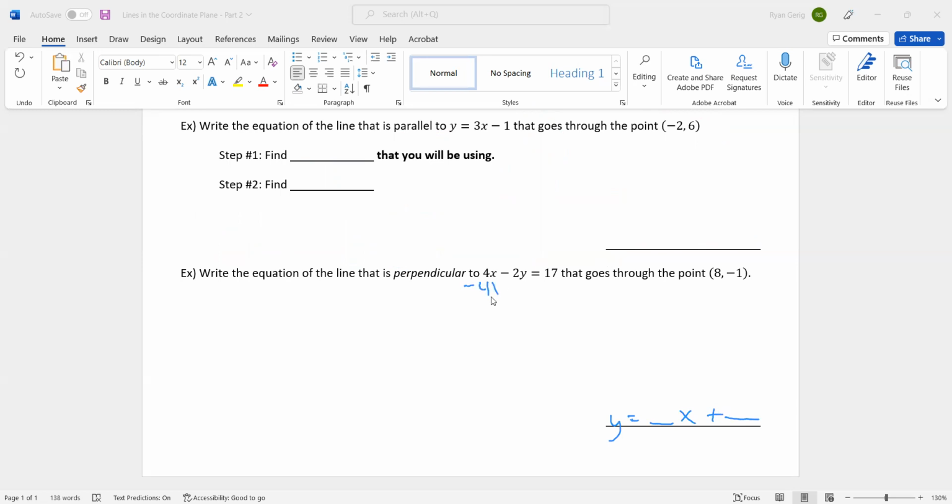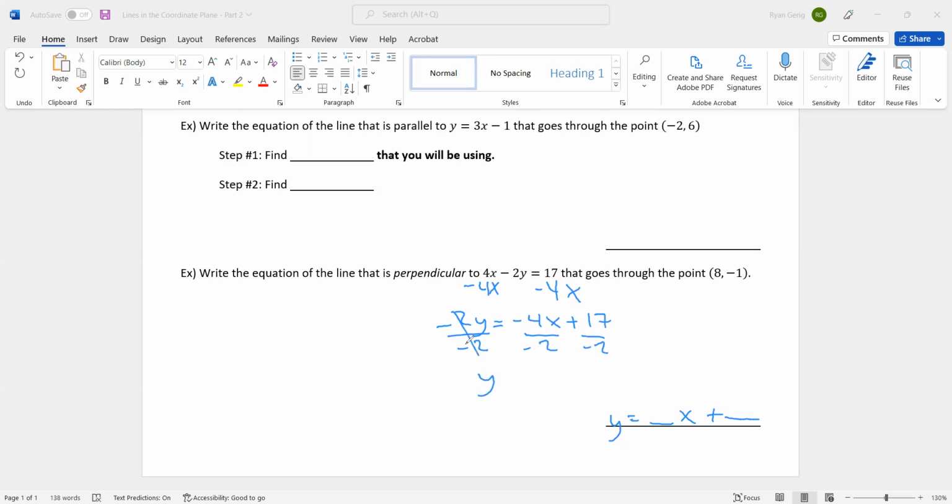So subtract 4x first. And I get -2y equals -4x plus 17. Divide by -2.